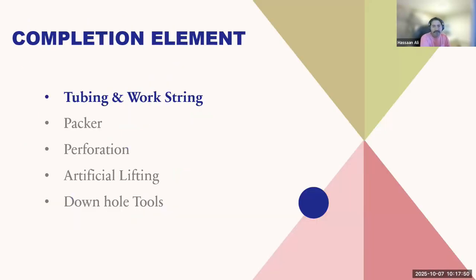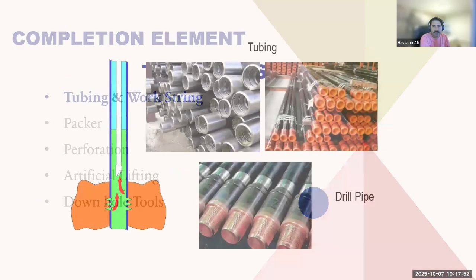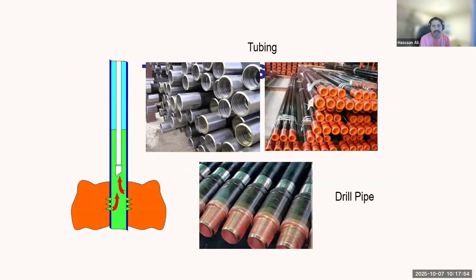So, completion elements: let's talk about the tubing and the work string. Tubing is essentially these big metal tubular components, with different types of metallurgies. The type of metallurgy depends upon your downhole temperature, pressure, and also your wellbore fluid. As the conditions become aggressive, that means high pressure and very corrosive liquid, you need a premium metallurgy.